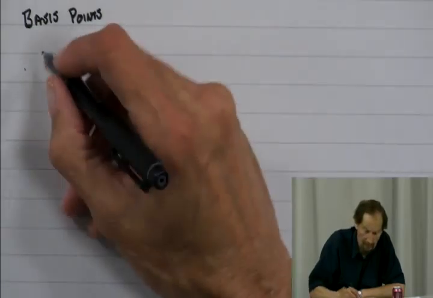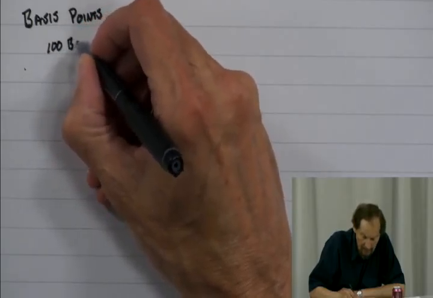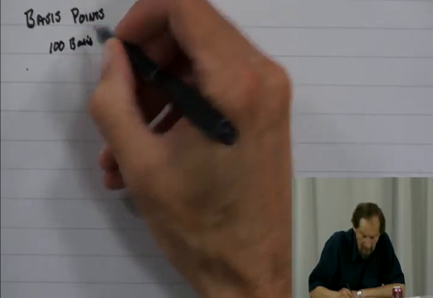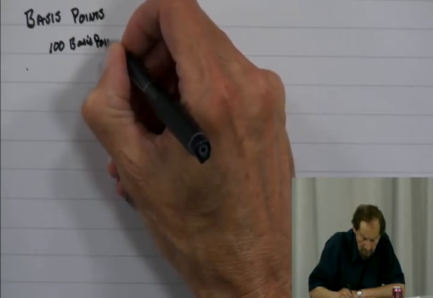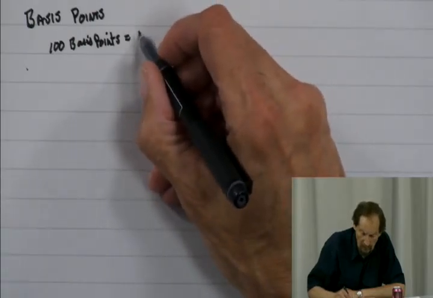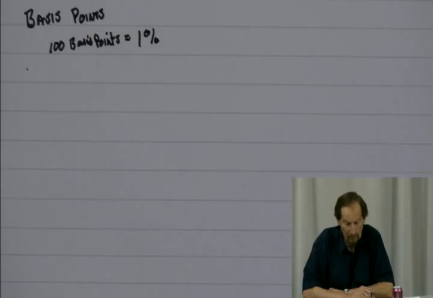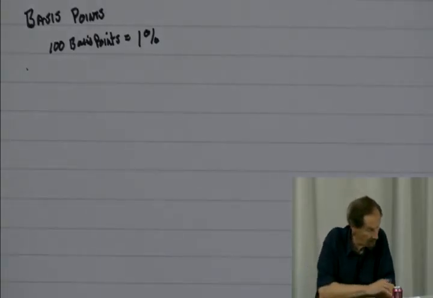And here, what they mean is that 100 basis points equals 1%. So a basis point is 0.01% here. Okay.